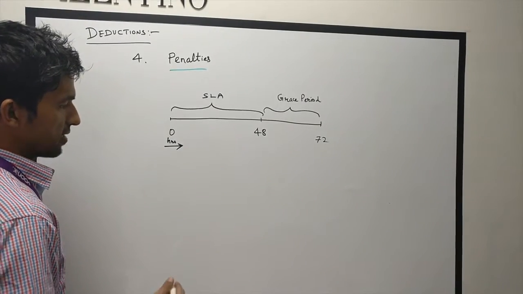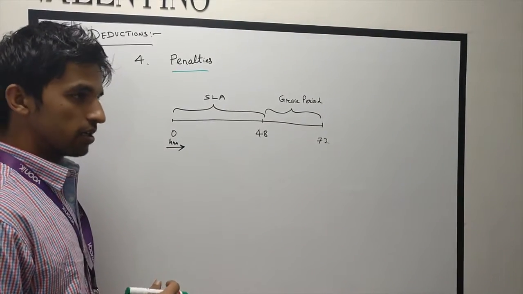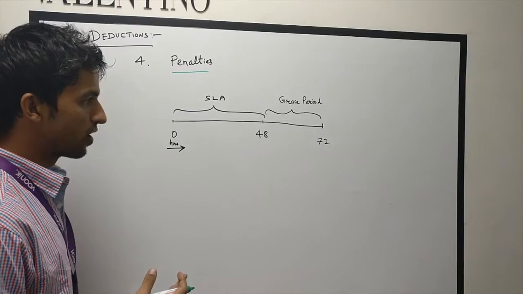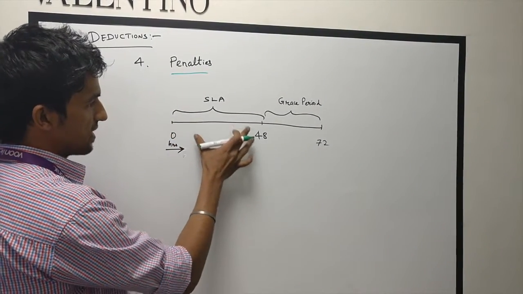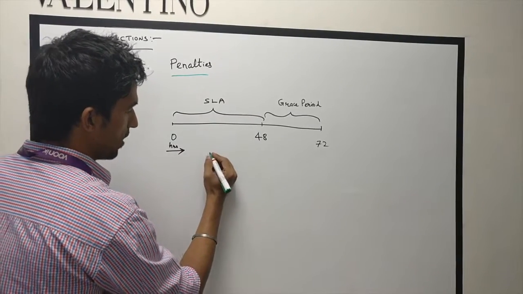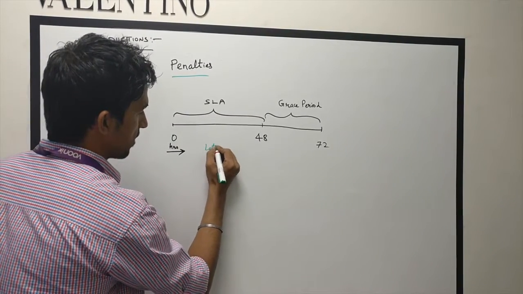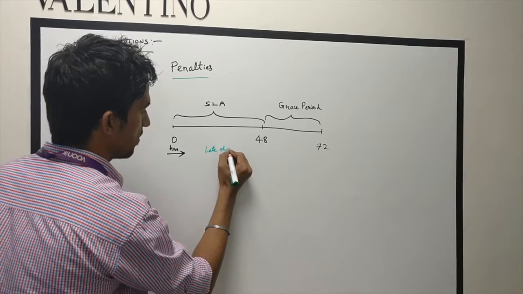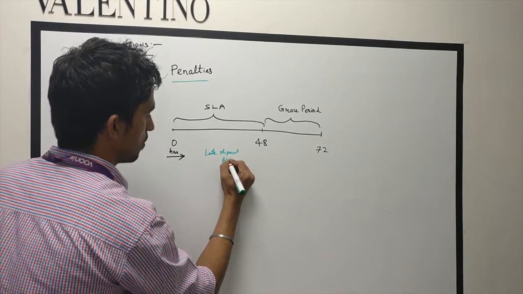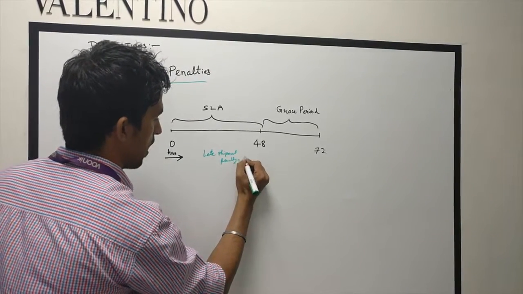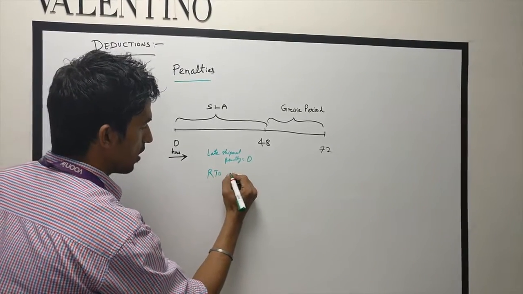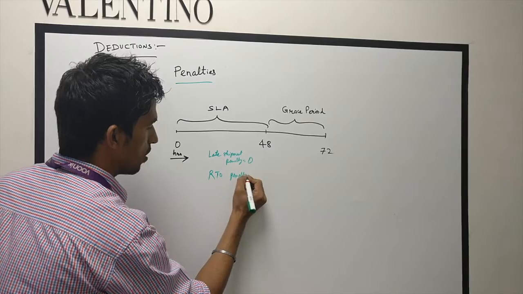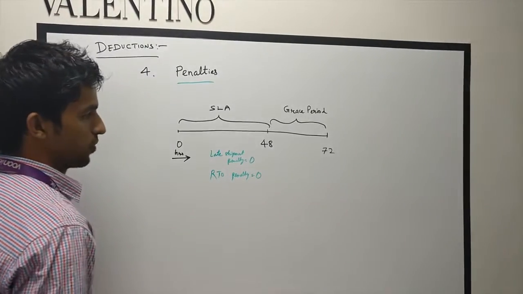Talking about penalties, there's a late shipment penalty. There are penalties related to RTO. Let's discuss that. So if you have shipped your order within the SLA period, that is between 0 and 48 hours, your late shipment penalty will be 0. Also, in case if order gets RTO'd, then there will be no penalty charges for RTO.